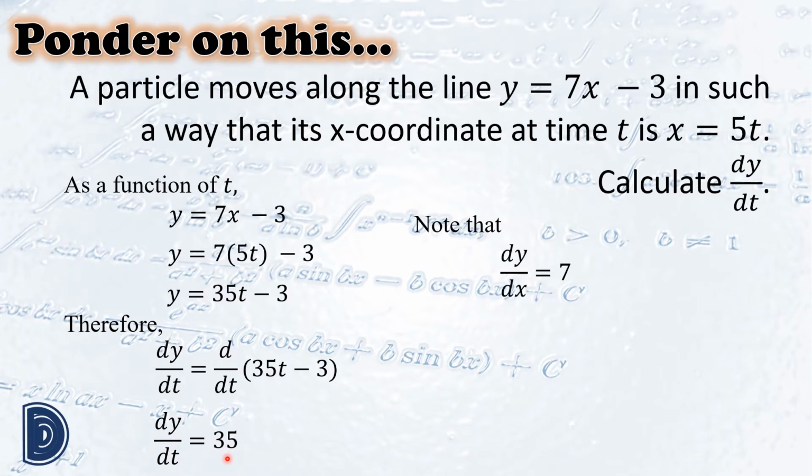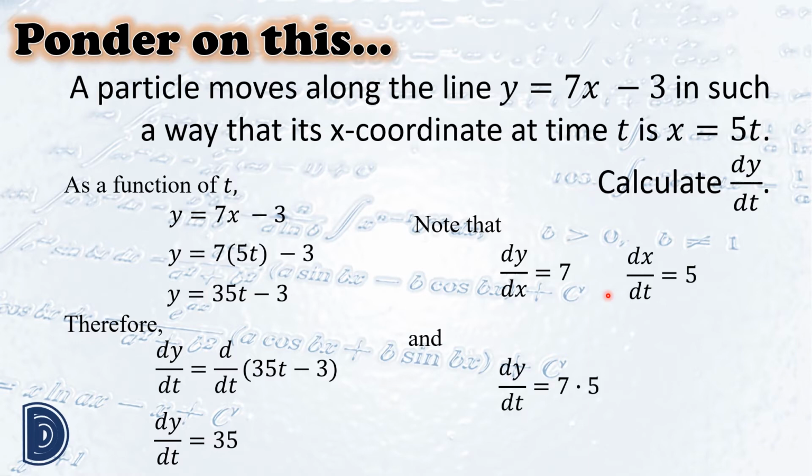Take note that dy over dx is equal to 7. That is, when we get the derivative of y with respect to x, we get 7. Also, when we get the derivative of x with respect to t, that is dx over dt, that will be equal to 5.